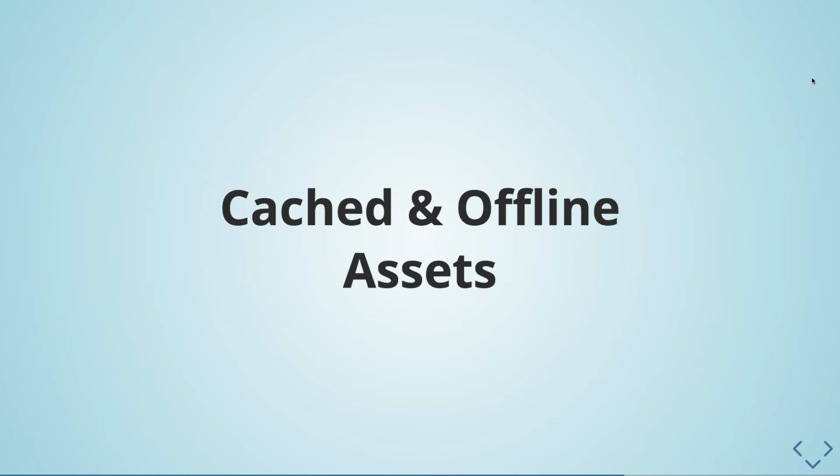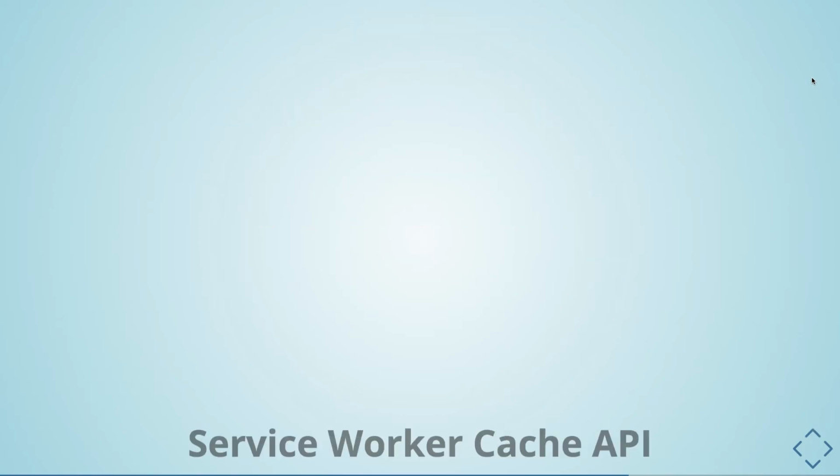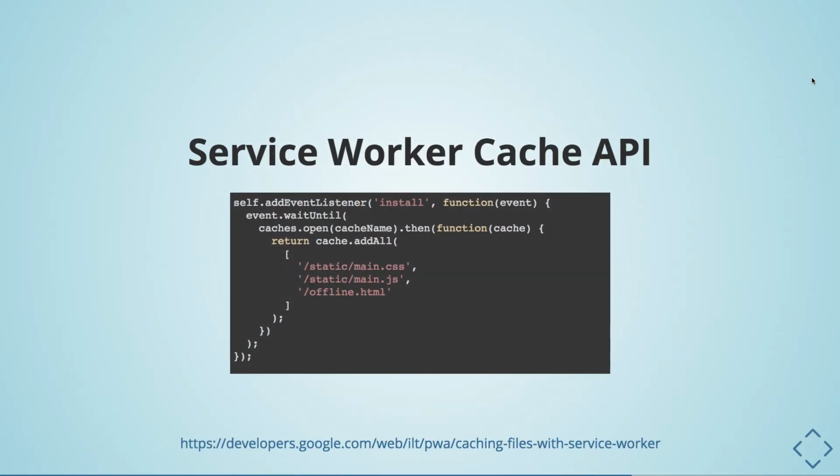All right, let's talk about cached and offline assets. I think Nate did a donuts on this a few months ago. It's basically talking about the service worker cache API. So here's an instance where we're grabbing our main assets and caching them using the service worker. There's another donuts slide and presentation you can refer to if you want more detail, or the internet.